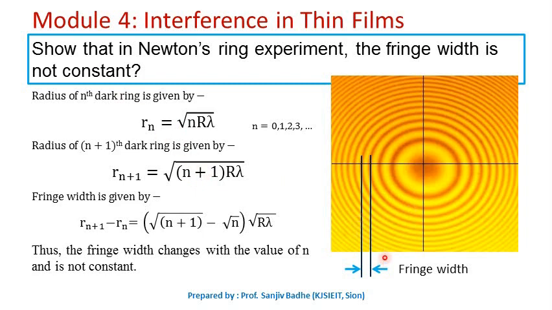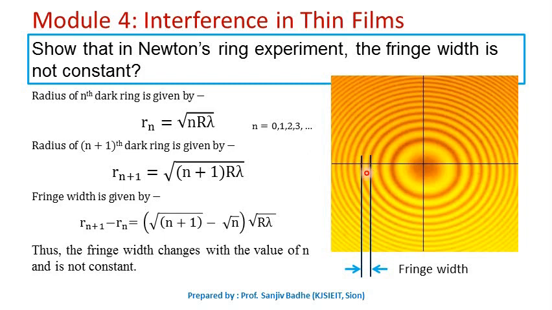Now we define fringe width as the distance between two consecutive dark fringes or the distance between two consecutive bright fringes. So here we will find the distance between two consecutive dark fringes. Let us consider these two dark fringes. This is the nth dark ring and this is the (n+1)th dark ring.